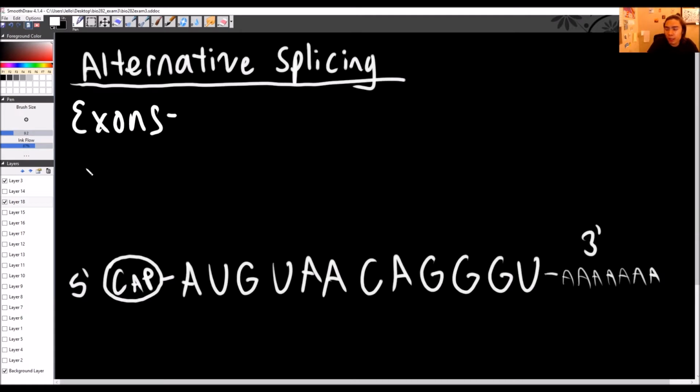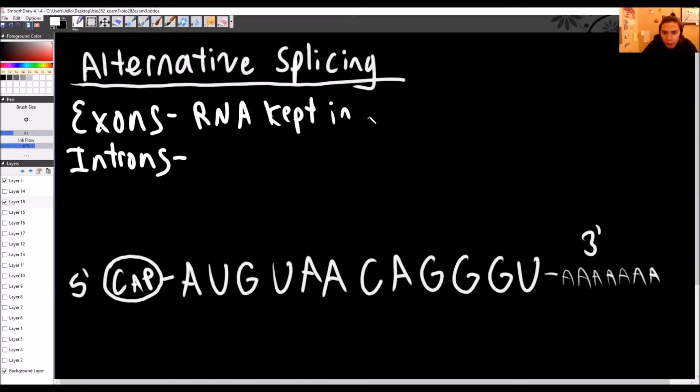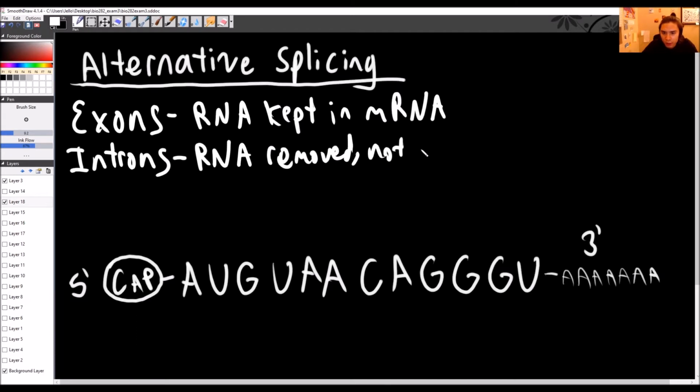And the RNA segments and stretches that are not wanted are called introns. So to write down, exons are the RNA kept in mRNA, and the introns are the RNA removed, not seen in mRNA.